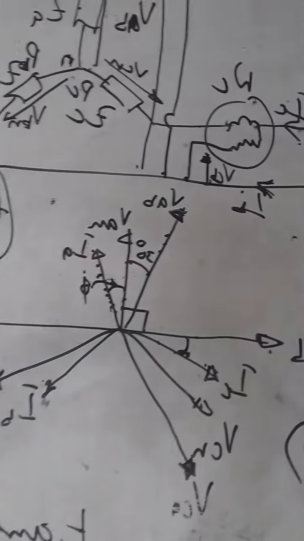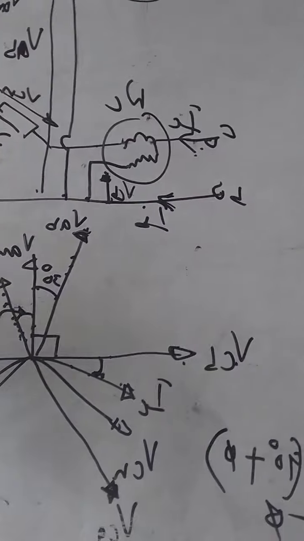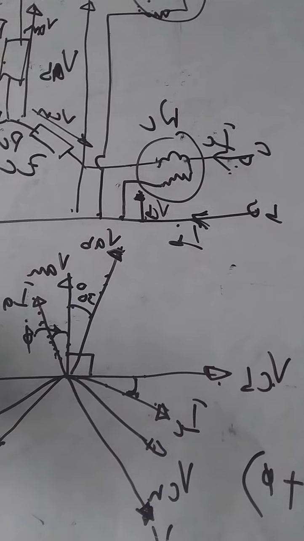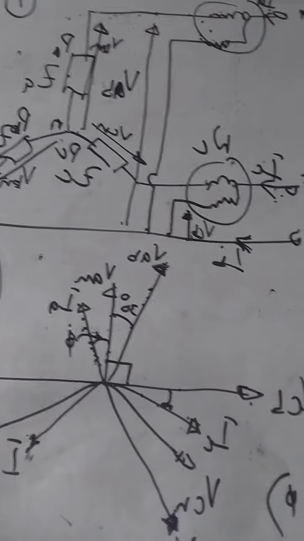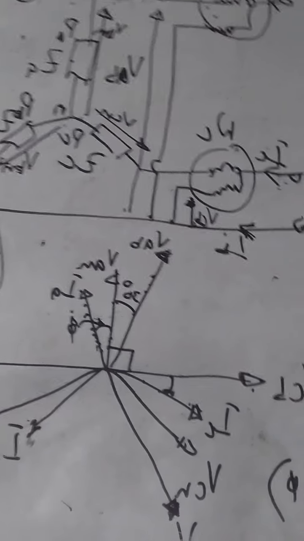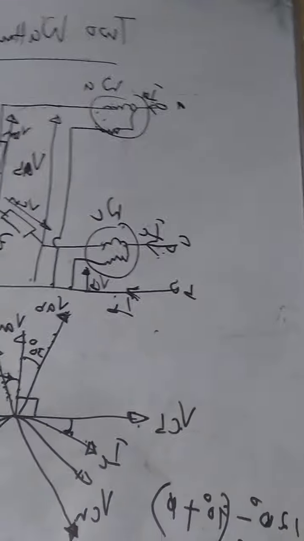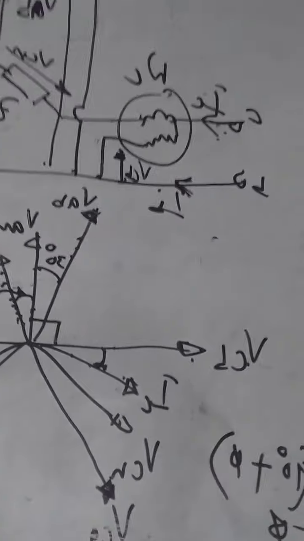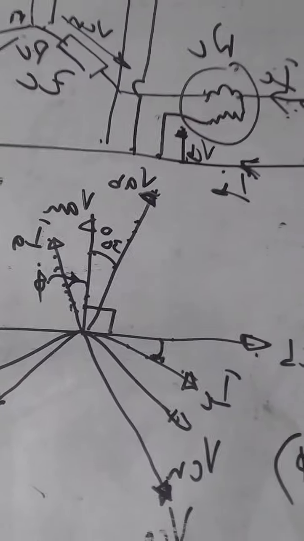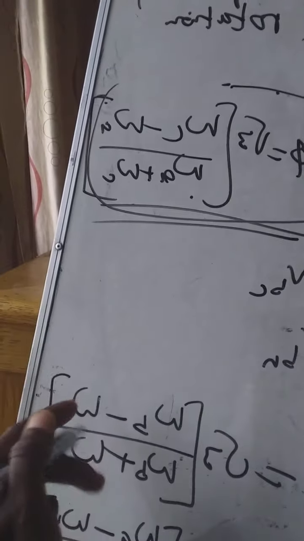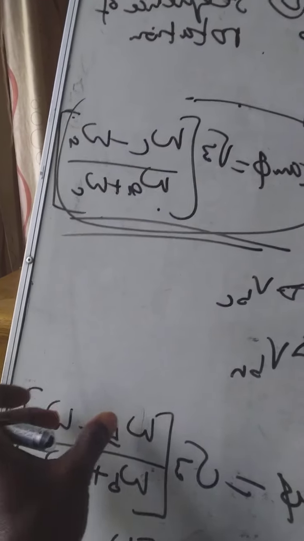Right. It is assumed now that you have it on C and A, but it is positive phase rotation. You have it on B and C, it is positive. You have it on A and B, it is positive. If you have it on C and B, but it is negative, because all this indicates we are saying these are positive, if it is negative, that means you just change only the top.